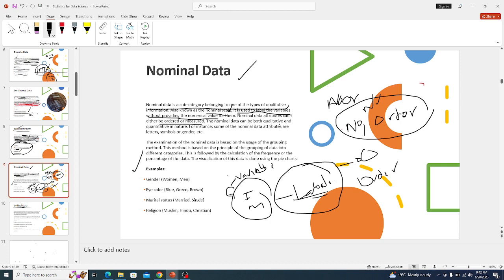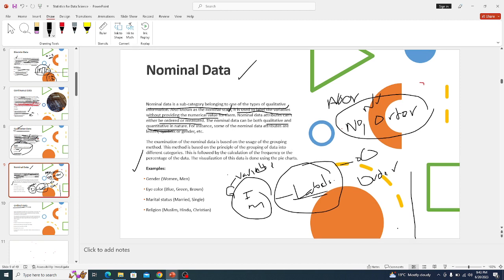So nominal data can be both qualitative and quantitative in nature. How can we make it quantitative? Because we are saying nominal data can be both. If most of you have interacted with SPSS, we might decide to assign values to the variables.